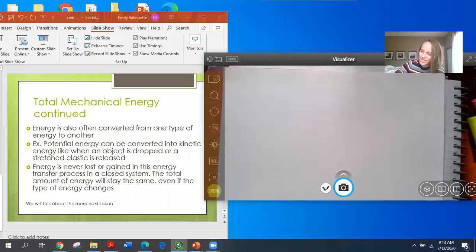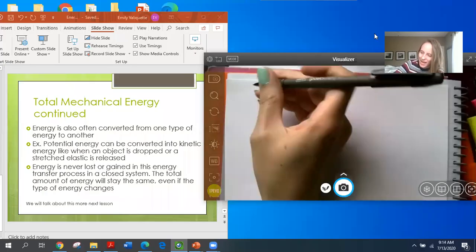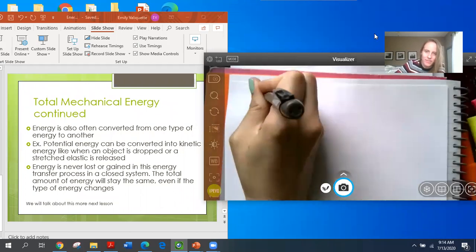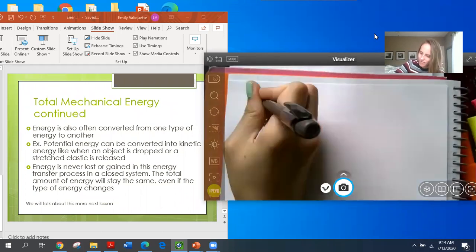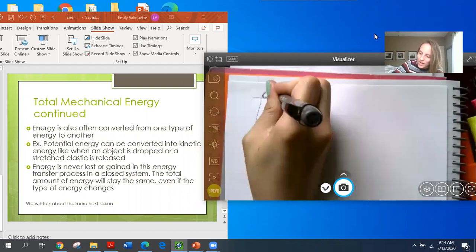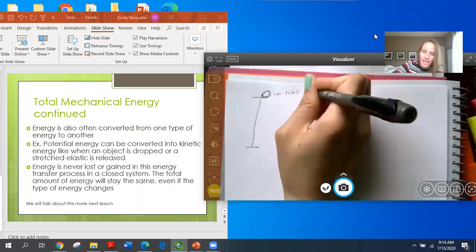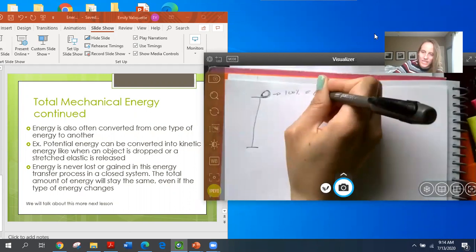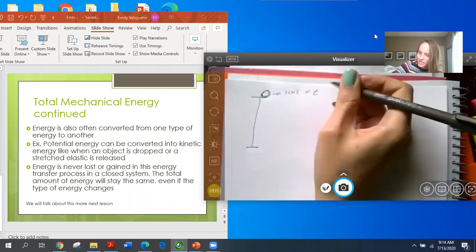Okay, so for instance, if you have an object that is sitting on a shelf above ground level, at the top here, 100% of its energy is going to be our gravitational potential, our EPG.